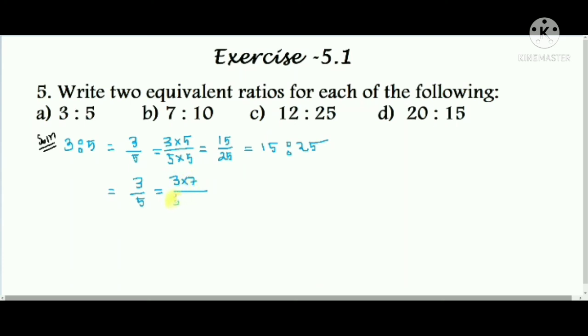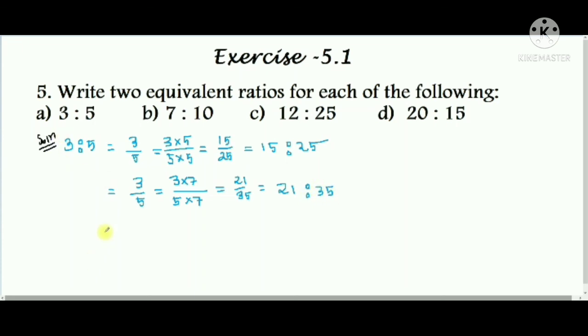Multiply the numerator by 7 and the denominator by the same number 7. Now 3 times 7 is 21, and 5 times 7 is 35. This is the equivalent fraction, and we write it in ratio form: 21:35. So these are the equivalent ratios of 3:5.